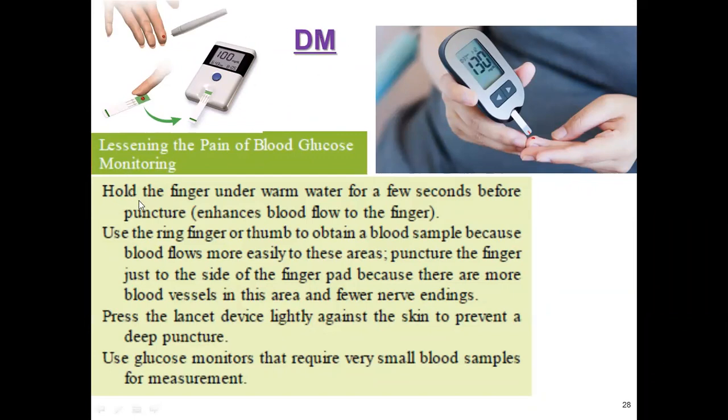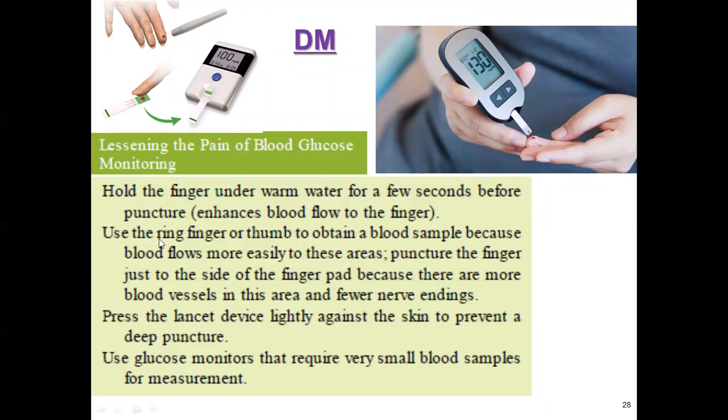To lessen the pain of blood glucose monitoring, hold the finger under warm water for a few seconds before the puncture. So this is the strip. The needle is there, at the tip of the finger. They said we have to wash it before puncture, encouraging blood flow to the finger.